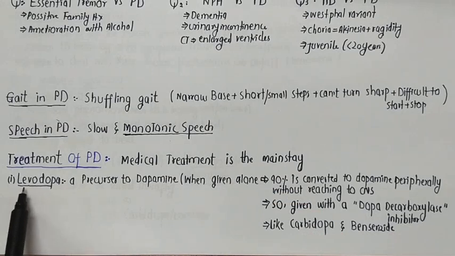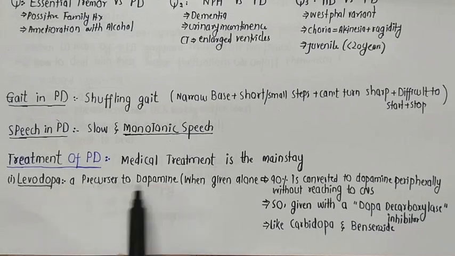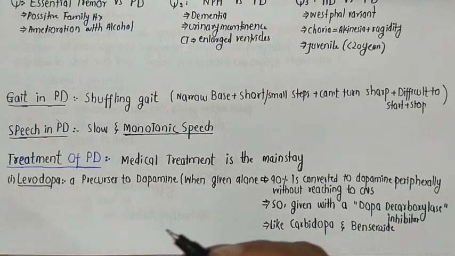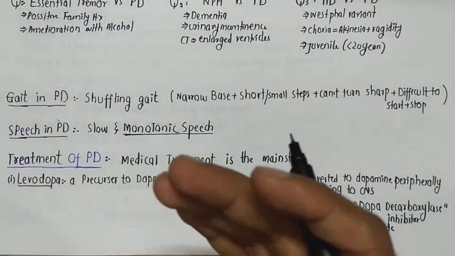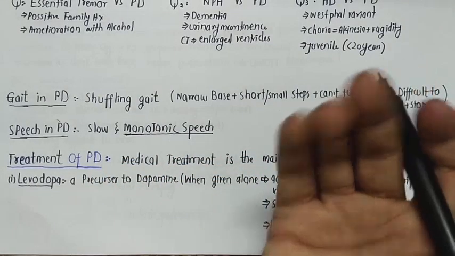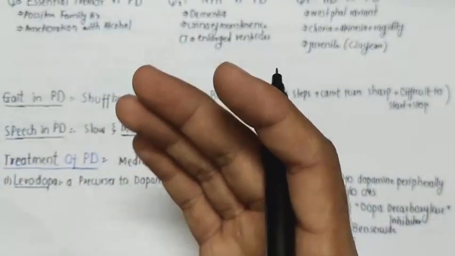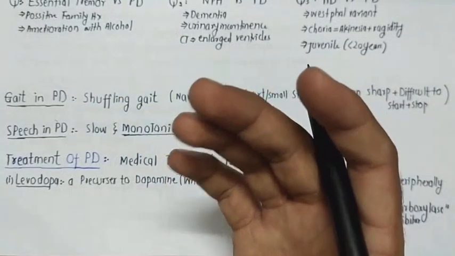So the first class of drug we use for the treatment of Parkinson disease is Levodopa, which is a precursor to dopamine, because in Parkinson disease there is an imbalance between dopamine and acetylcholine. This imbalance is the main problem we face in Parkinson disease.